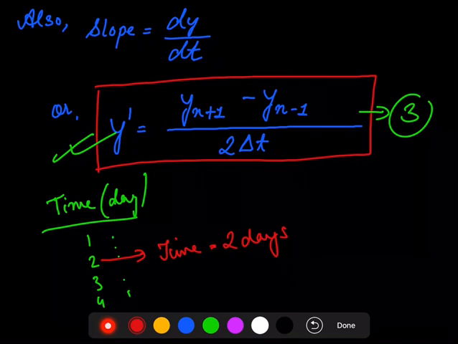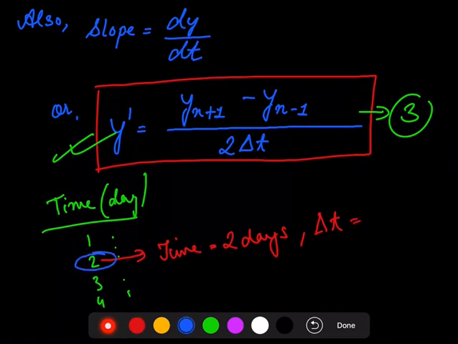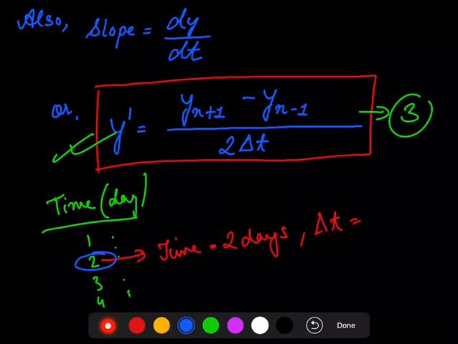In this case, how to find delta t? Since I am calculating at 2 days, just a moment.